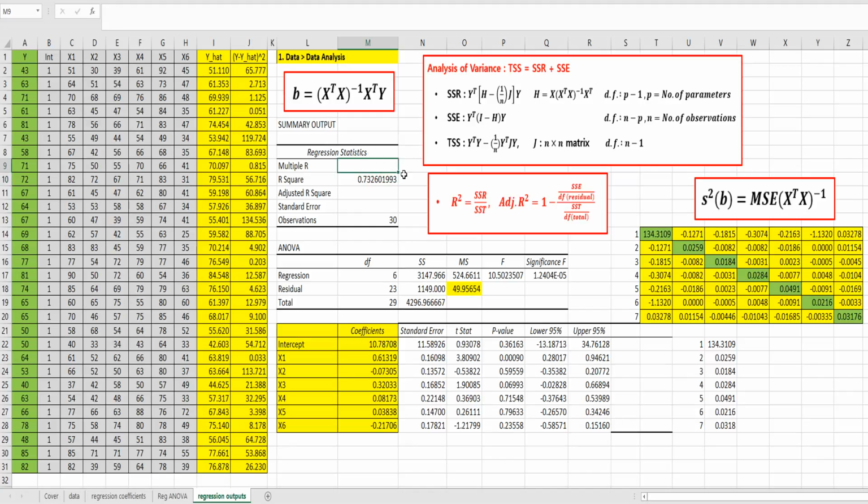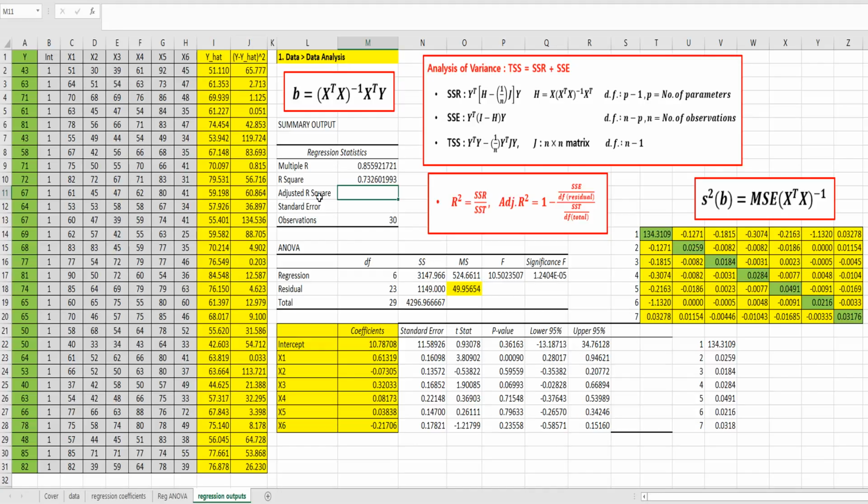Multiple R can be calculated by the square root of R square. Okay, and for adjusted R square, we can use this formula. Adjusted R square is more useful than R square, because adjusted R square can control for the number of variables.